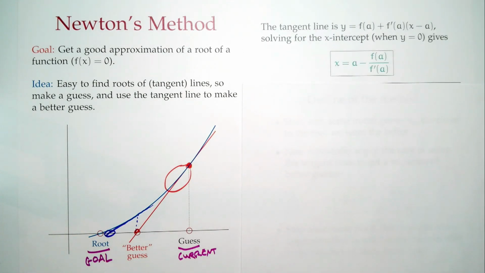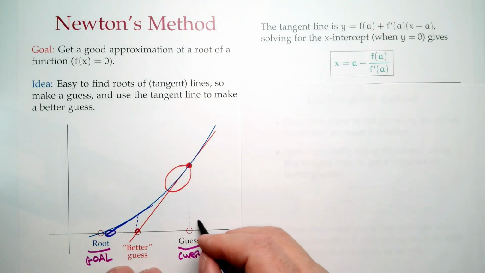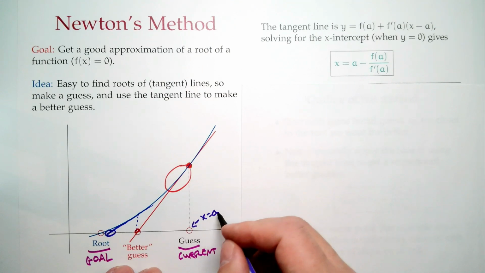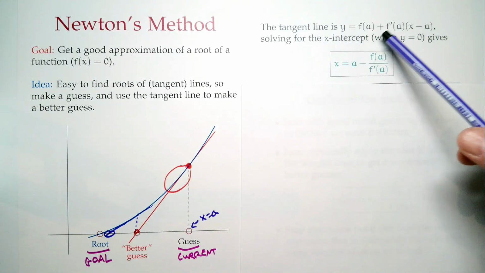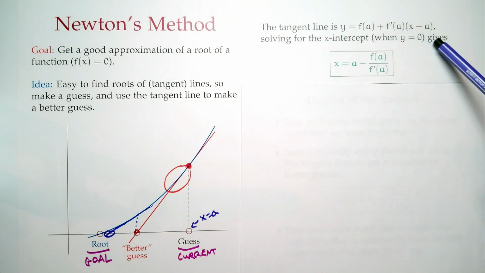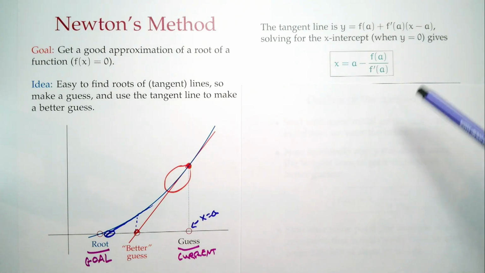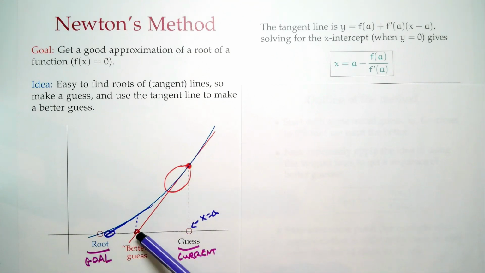So suppose that our current guess happens to be here. Let's say this is at x equals a. Well, we know how to find the tangent line at x equals a. This is something that we've done for a while. It's the same thing as the linearization. It's f of a plus f prime of a times x minus a. So we're going to figure out where that tangent line hits the x-axis.